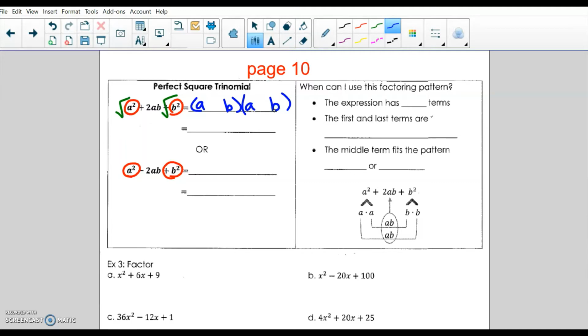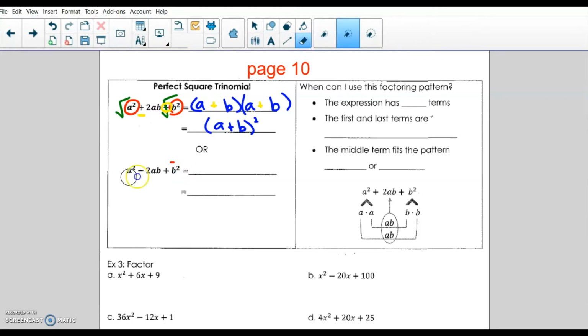And then as we've talked about signs, this sign tells you what they're going to be. Now that can also be rewritten as a binomial being squared, because there are two of the exact same parentheses.